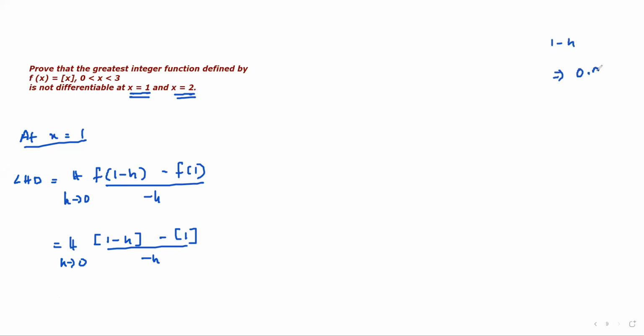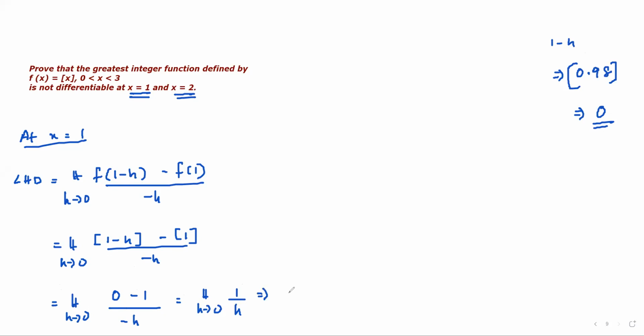So I suppose it is 0.98. When you are doing greatest integer function on 0.98, what will be the result? It will be 0. So the numerator is 0 minus 1, that is minus 1, by minus h. So minus 1 by minus h is 1 by h. When you apply the limit h is 0, what is 1 by 0? Infinity. Yes. So LHD is infinity.